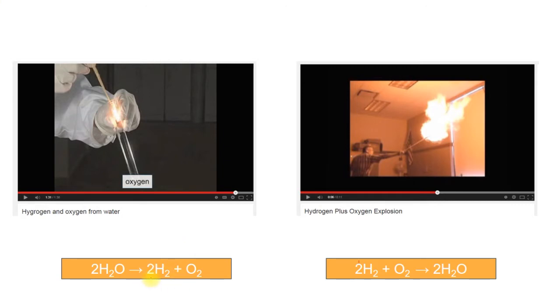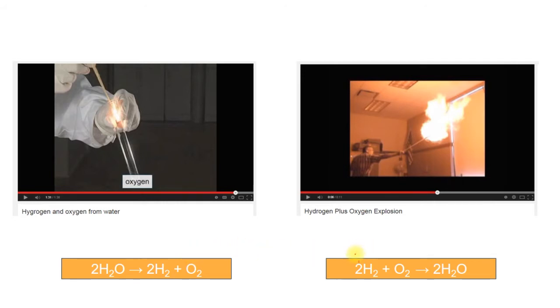That's what this 2 means. We get twice as many hydrogens for every oxygen. And so what they did at the end was to test each one using its chemical properties, like the fact that when you light hydrogen on fire it makes a loud cracking sound, to identify these substances. Okay, so that's proving that a chemical change occurred.